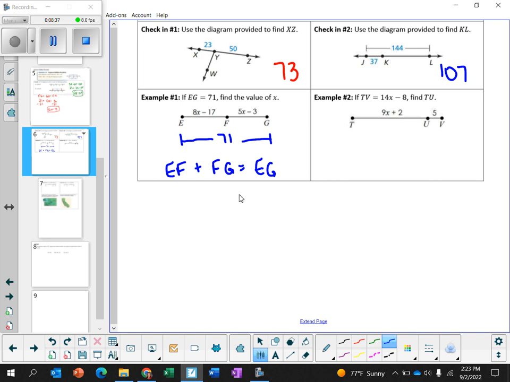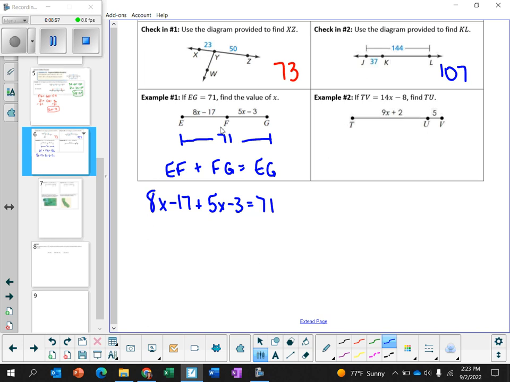Smaller plus smaller equals whole. Instead of EF, I'm going to write 8x minus 17. And then I have the plus. And now instead of FG, I'm going to write 5x minus 3. And then instead of EG, I have the whole thing of 71.